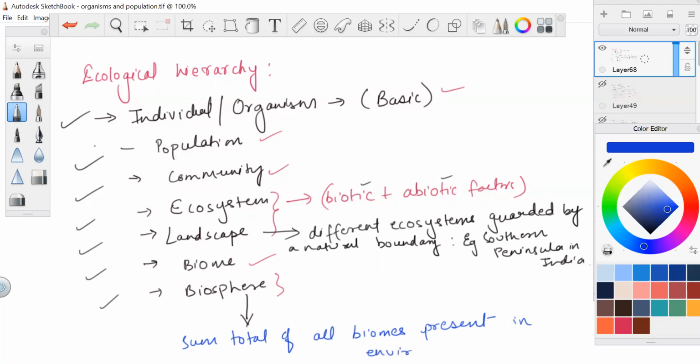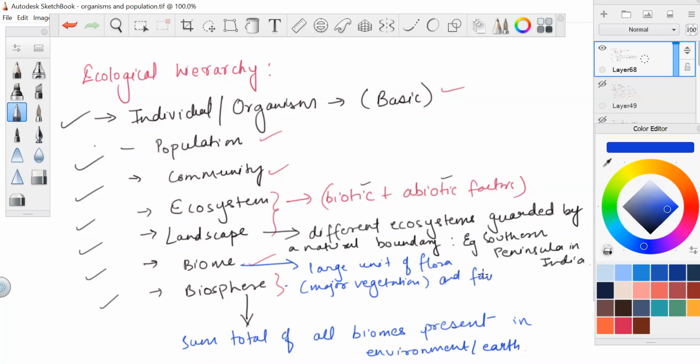And biome itself is a large unit of flora, that is plants, you can say major vegetation, and fauna, plants and animals in a specific climatic zone.